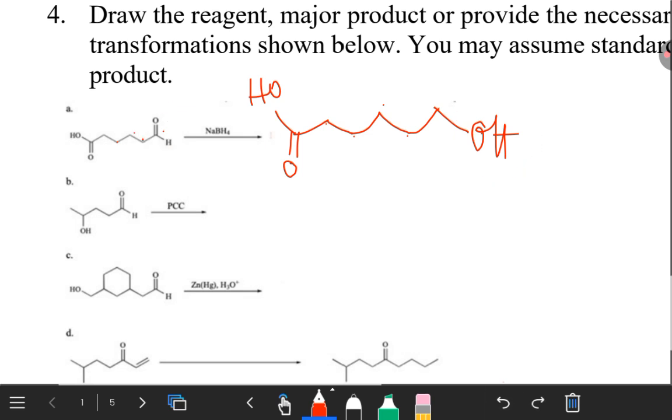Let's look at the second one. For the second one, we have a secondary alcohol and also an aldehyde this side, and we are using this compound, which is PCC. So PCC is just pyridinium chlorochromate.